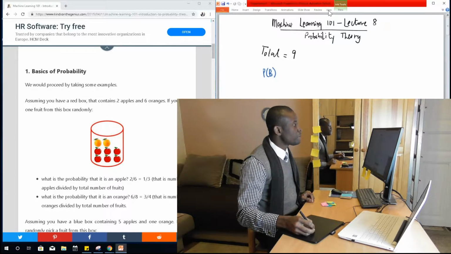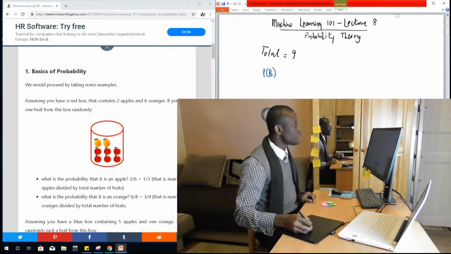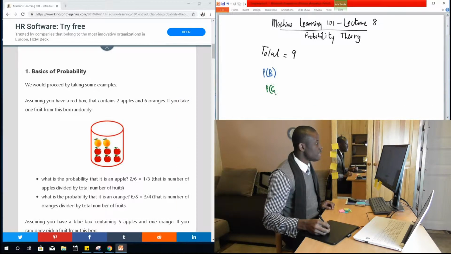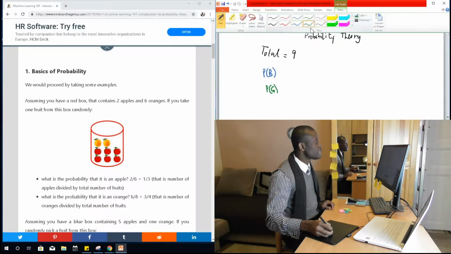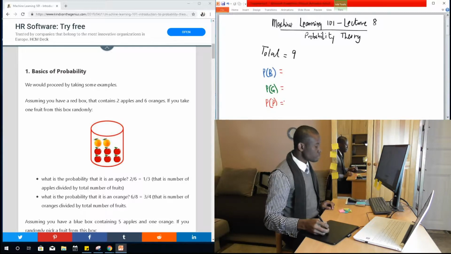Let's call it PB. And the probability that I select a green one is PG. And the probability that I select a pink one will be written as PP.